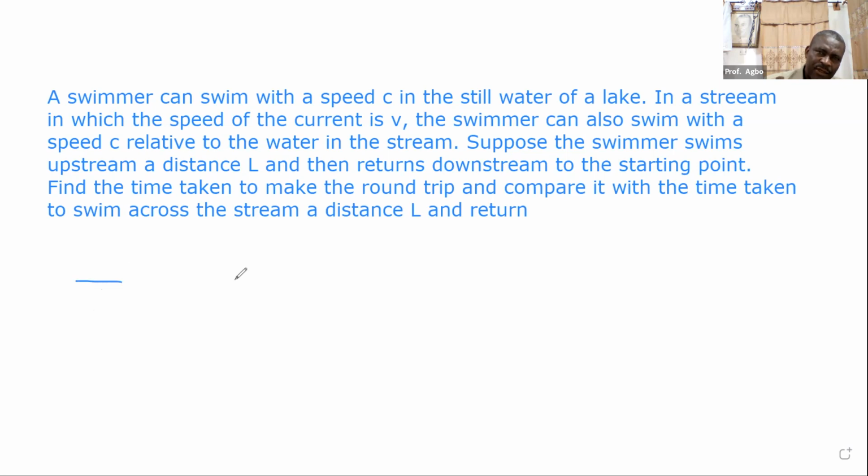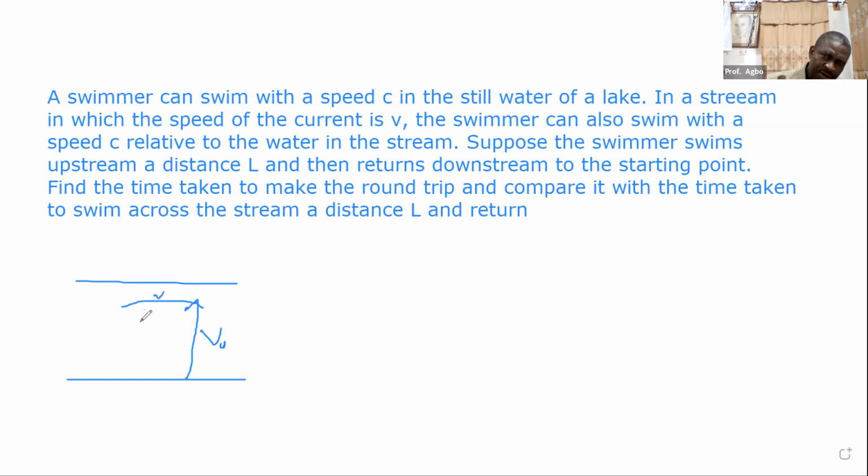This is the stream bank, and this is the velocity, the swimmer's velocity VA, and this is the velocity with which the stream is moving.